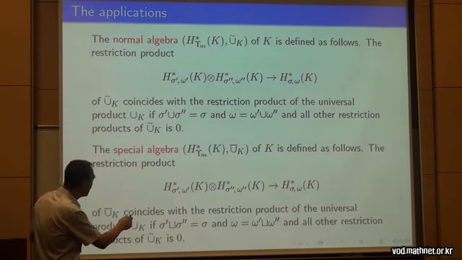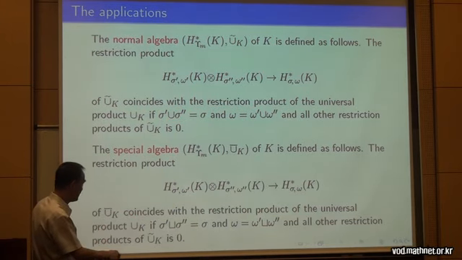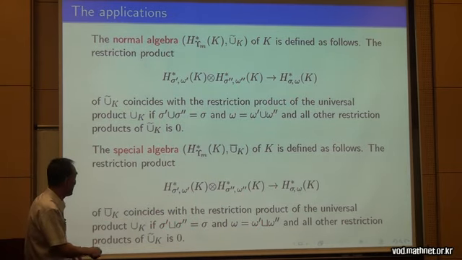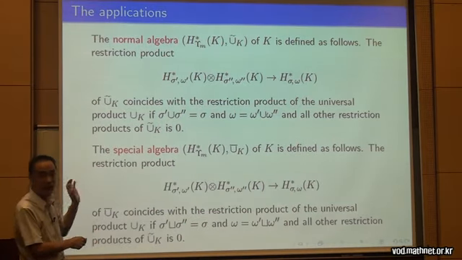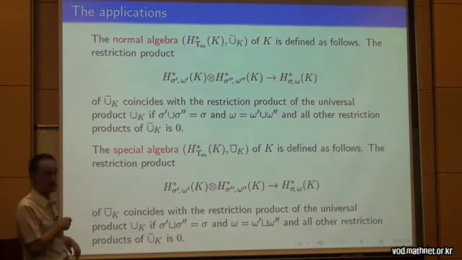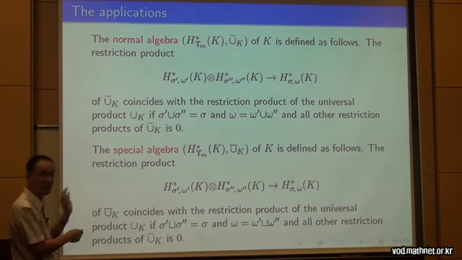And such a product is called normal product. And special product requires to be the disjoint union. Here, this means disjoint union. And only this is the usual what we define. Other restriction products are 0. These two algebras are the same group, the same total cohomology group, but with different product.